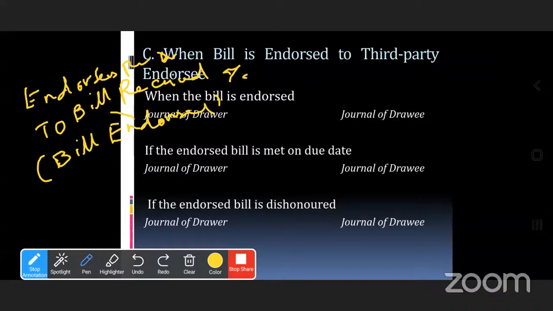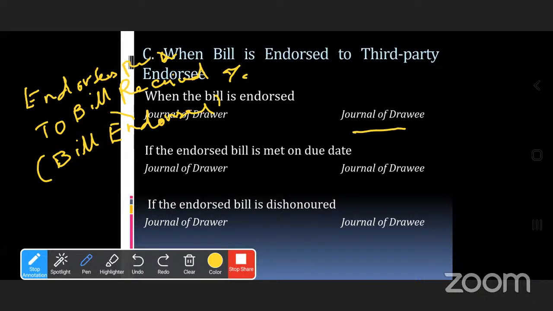Or if the drawer has discounted the bill with the bank, at the due date the drawee will be paying the amount to the banker. Or if the drawer has endorsed the bill to a third party, the drawee will be paying the amount at the due date to that endorsee. So there will not be any entry in the books of the drawee.